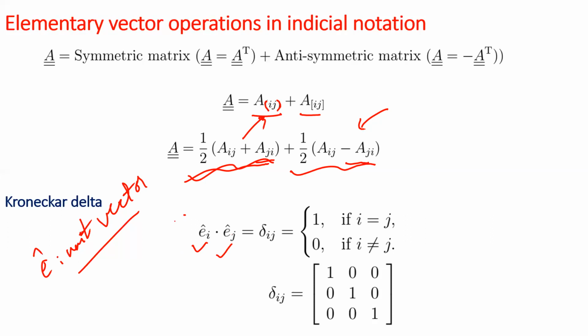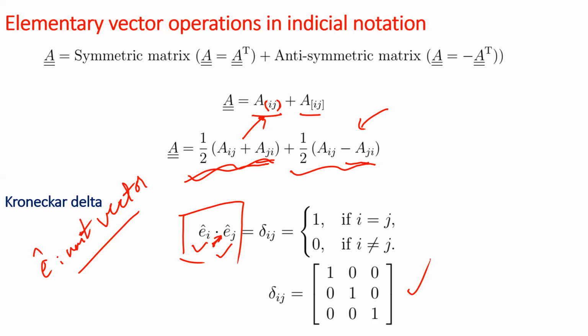And if you multiply those two unit vectors, and as you can see, it is dot product that I'm referring to, the dot product of two unit vectors is either 1 or 0, or you can as well represent it in terms of a matrix notation.